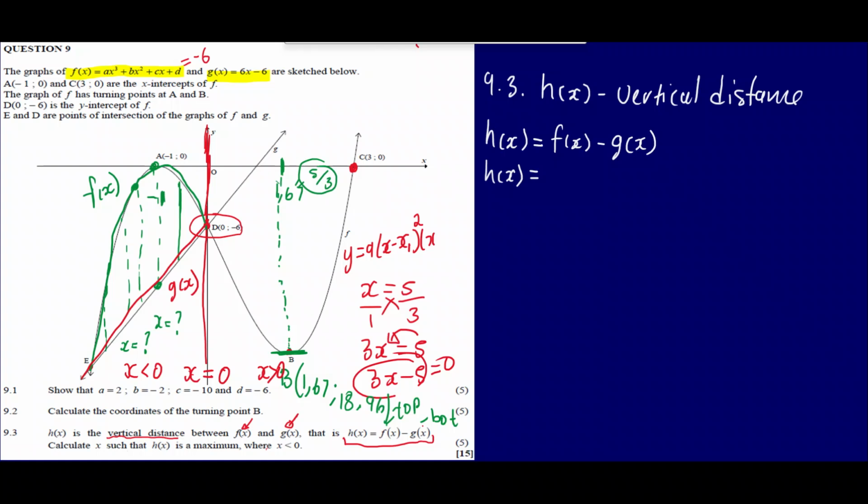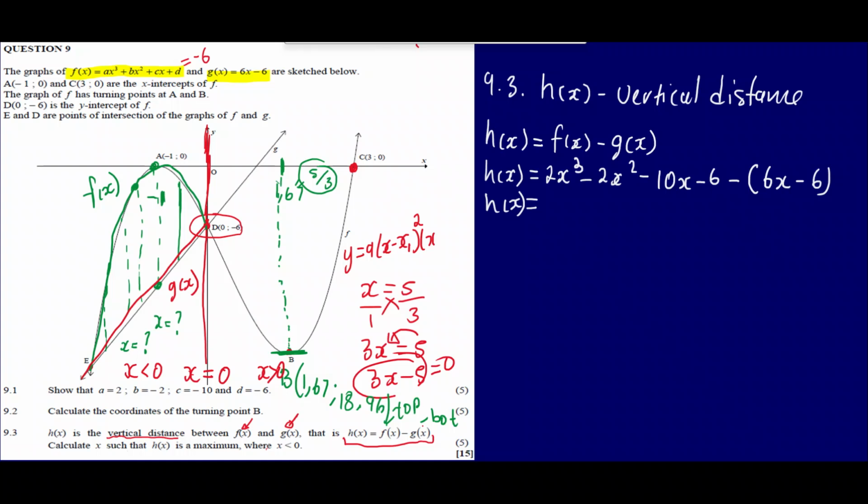So now this is going to be in terms of equations. What is the equation of f of x? We've already gotten it. It was 2x cubed minus 2x squared minus 10x minus 6, and then minus into 6x minus 6.